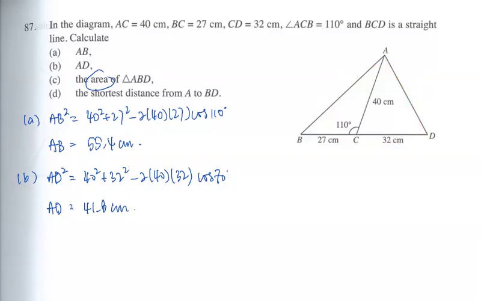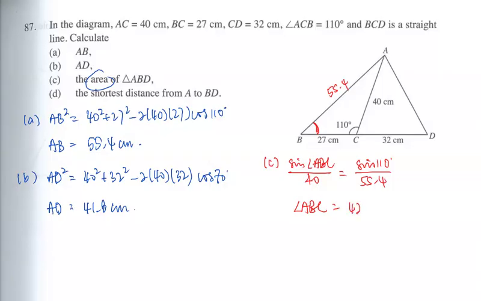So first method, let's say you just pick. You want to find this angle. So you can use the sine rule to find this angle. Sine angle ABC over 40 equals sine 110 over 55.4. Then angle ABC is sine 110 divided by 55.4 times 40, sine inverse.